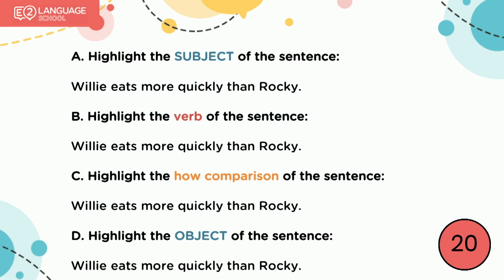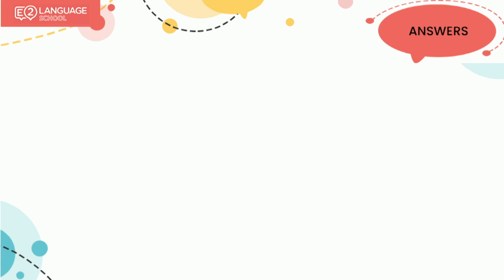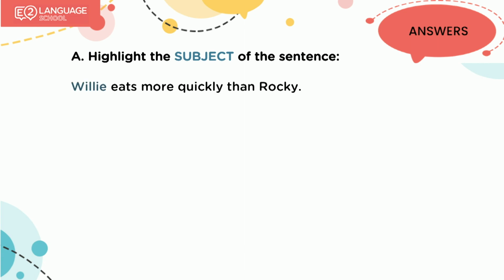I want you to highlight the subject, the verb, the how comparison, which is 3 parts, and the object. Subject is Willie.